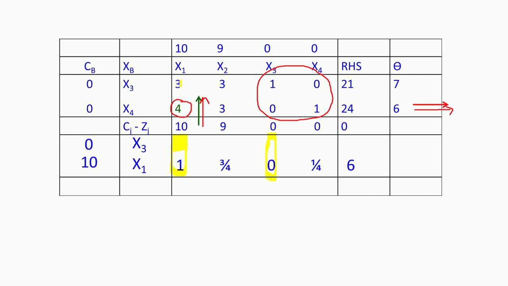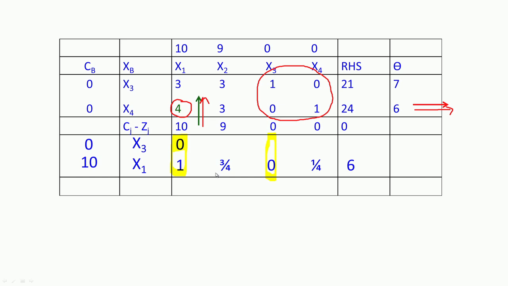So in order to get a 0 in this position, now I look at the previous one, which is 3, here there is 1, so 3 minus 3 times 1 will give me 0. Now I repeat, 3 minus 3 times 3 by 4.